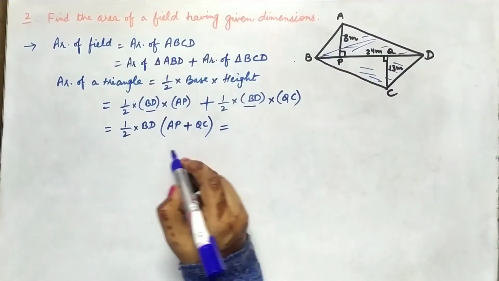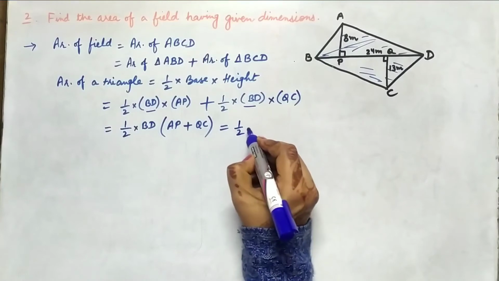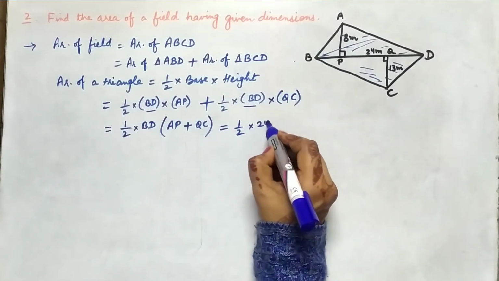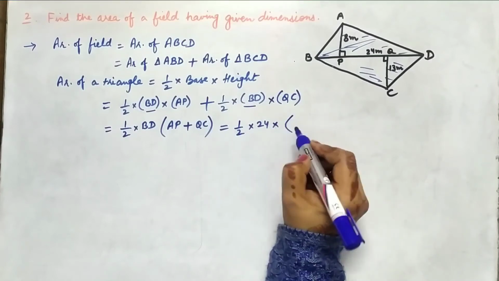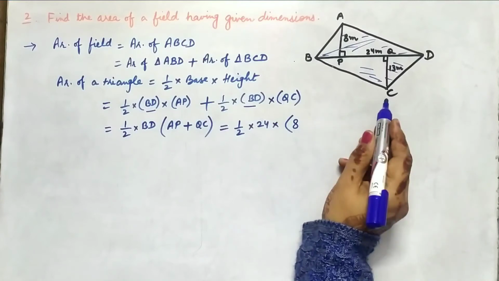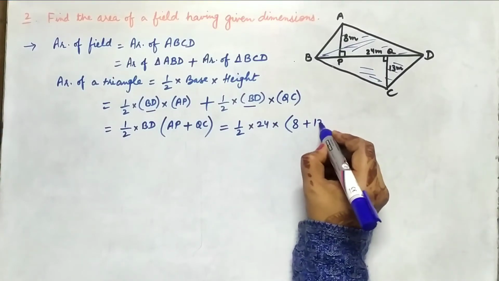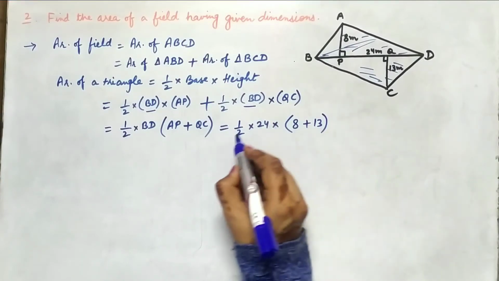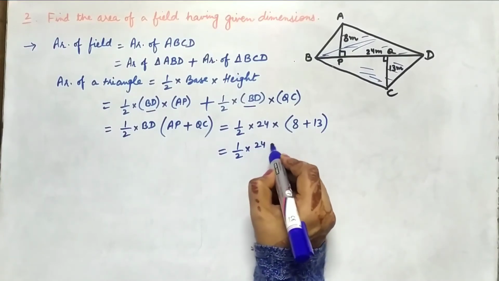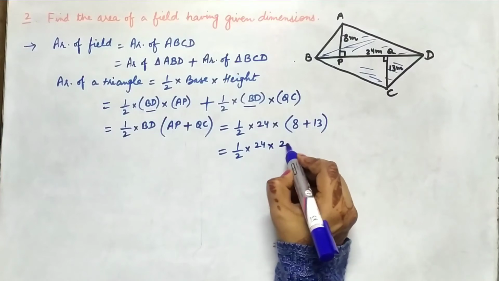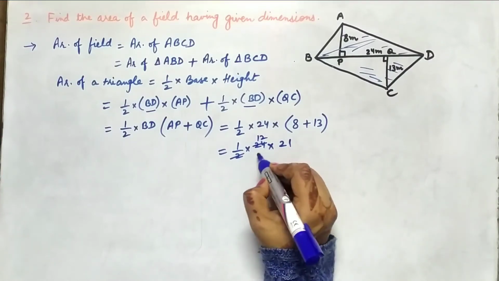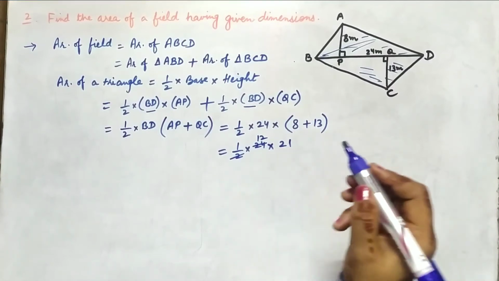Now we put the values. 1 by 2 BD is from the diagram 24 into bracket AP is 8 and QC is 13. It will give 1 by 2 into 24 into 21. Cancellation gives 12, 2 12s are 24.